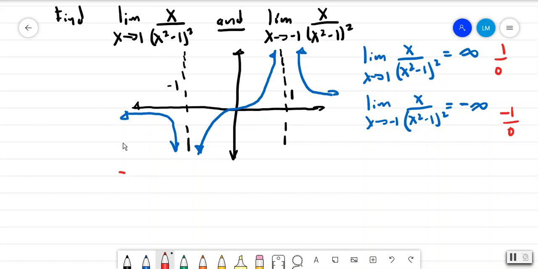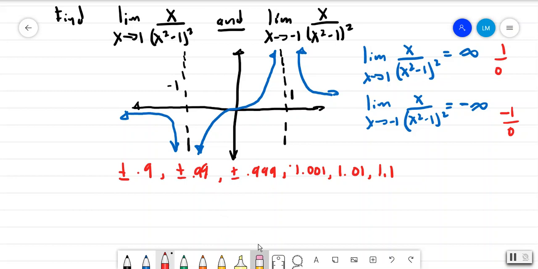Since you're approaching one, you'd have 0.9, 0.999, and then 1.001, 1.01, and then 1.1. Actually, I don't need the plus or minus, it would just be these values.